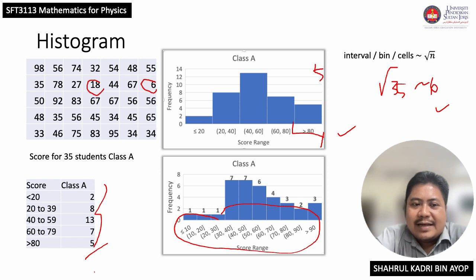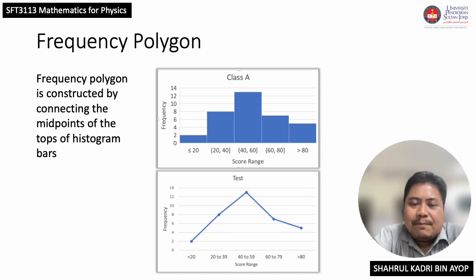Alright, let's go to another type of visualization for representing data, which is the frequency polygon. What is a frequency polygon? A frequency polygon is constructed by connecting the midpoints of the tops of the histogram bars. This is the histogram from the previous slide.